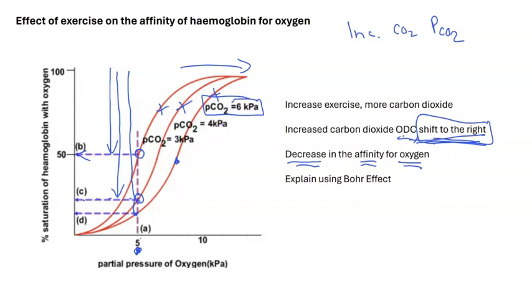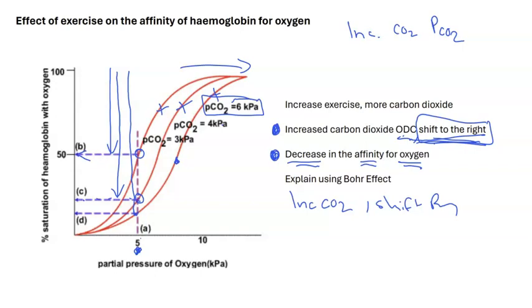So to summarize that idea, as we increase the carbon dioxide levels, the curve shifts to the right, and we would describe that as a decrease in the affinity for oxygen.